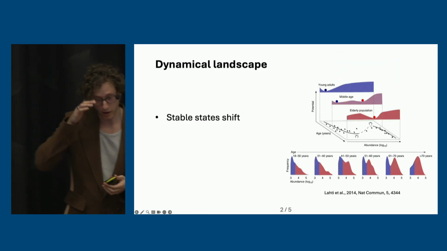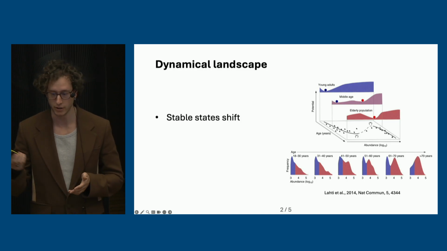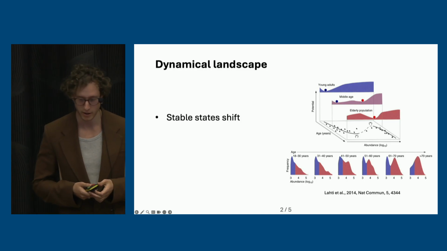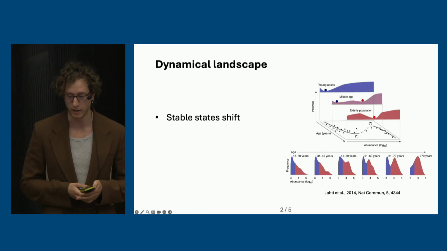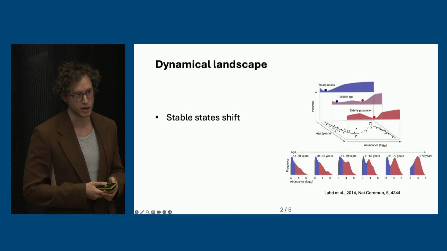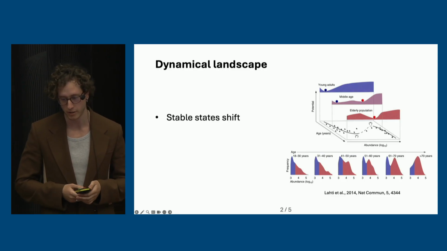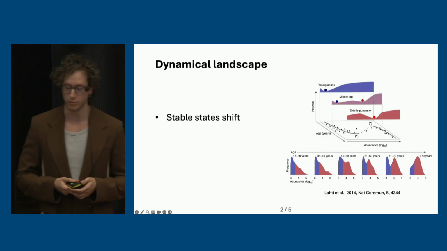I also want to point out that we expect stable states to shift. Here you can see an illustration of what could be plausible, where the landscape changes with age. We have the landscape as a function of abundance, or how much of a microbe there is. According to this, in young adults there is a low abundance stable state.